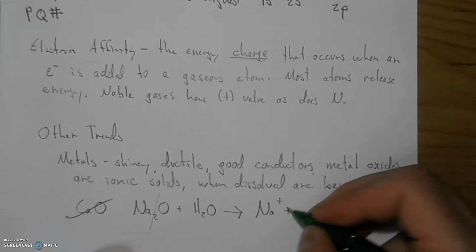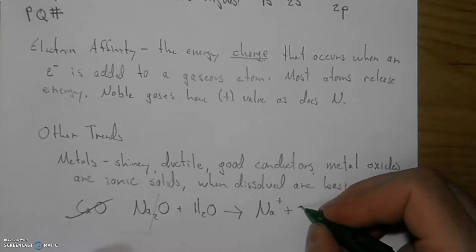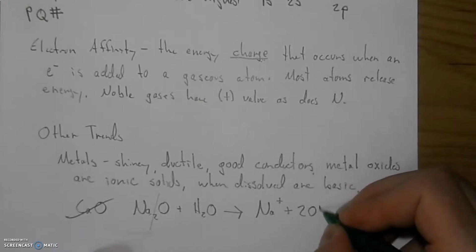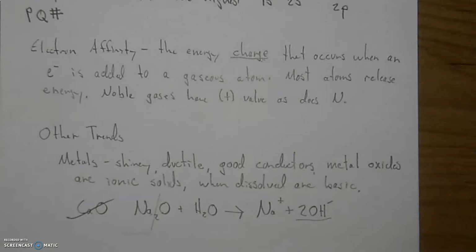And then what do you have left over? Oxygen and water. So what do we think that's going to make together? It's not going to form peroxide. That's not very stable. But what it will do is form 2 hydroxides, which are basic. That is a base. So that's what you're going to get out of this metal oxide.